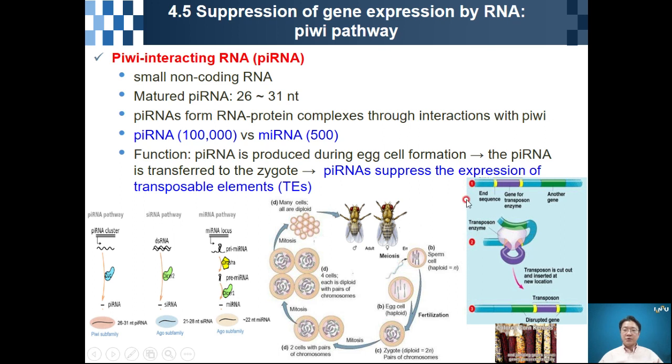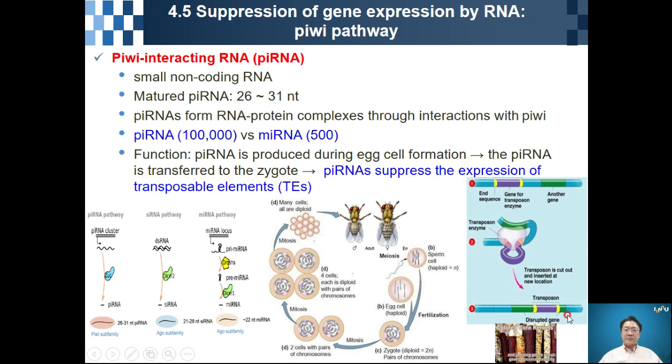In our human genome, we have transposable elements. The main function of a transposable element is that it can insert anywhere in our genome, so it will disrupt our gene function.